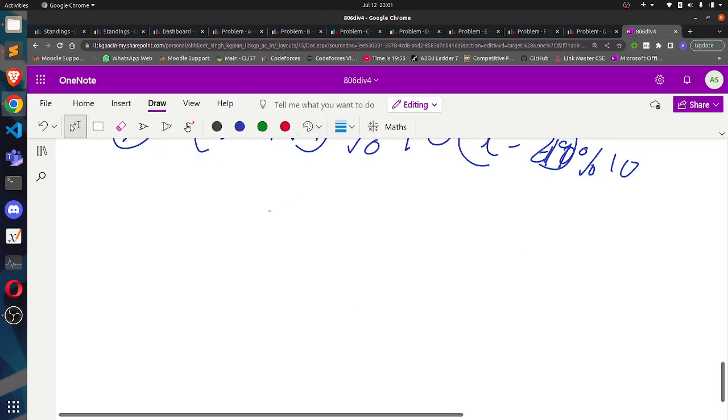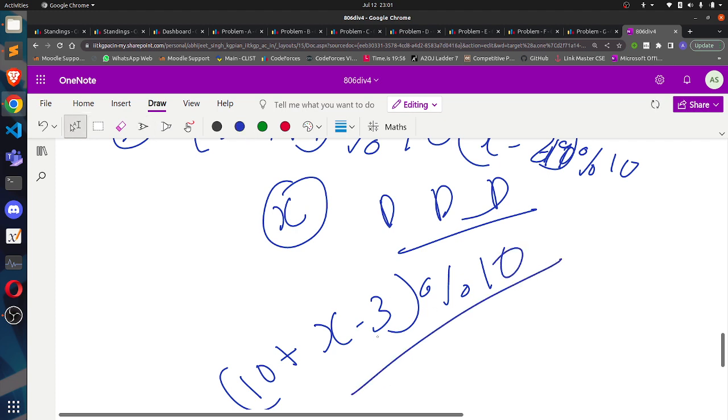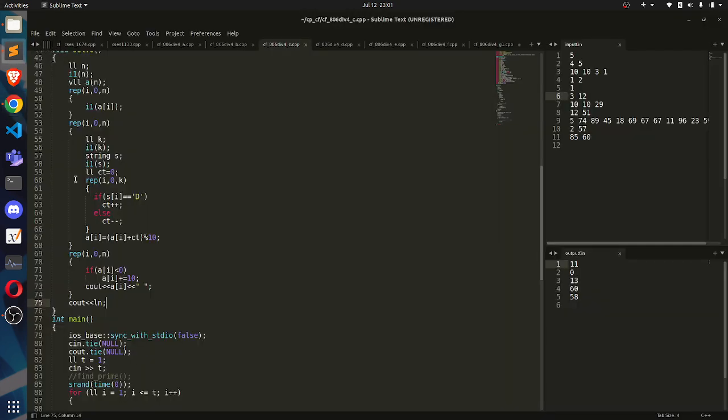So if a number x was present, then after 3 D's it becomes x minus 3 plus 10 modulo 10. So to reverse the change, we have to increase for each D. So in this condition, I am increasing for each D and decreasing for each U.